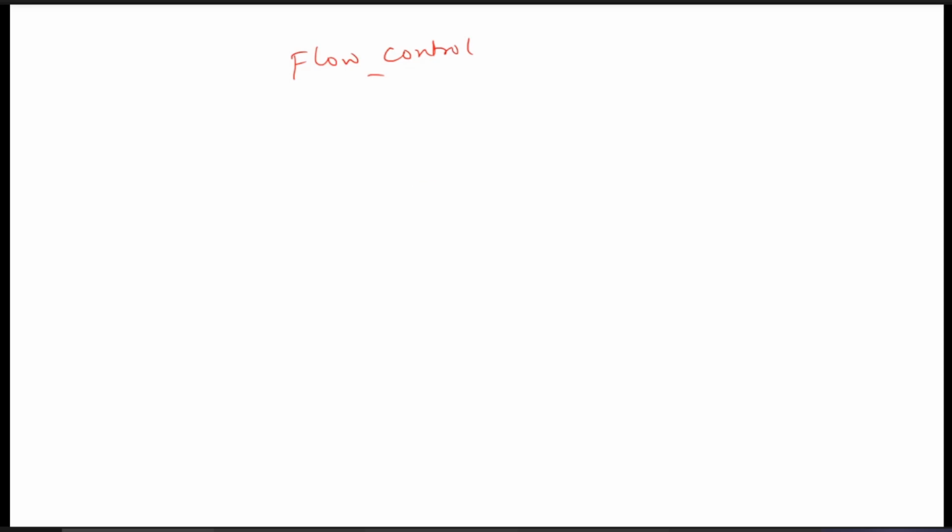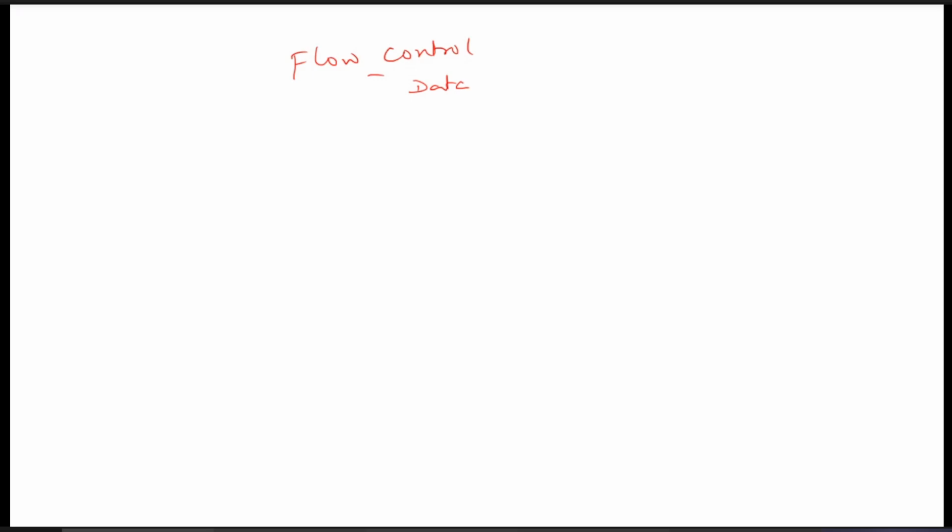When data is received by the receiver, it will not immediately pass this data to the higher layers. There are 5 or 7 layer protocols: the bottom layer is the physical layer, next is the data link layer, then the network layer, the transport layer, and then the presentation and application layers. So there are different layers.